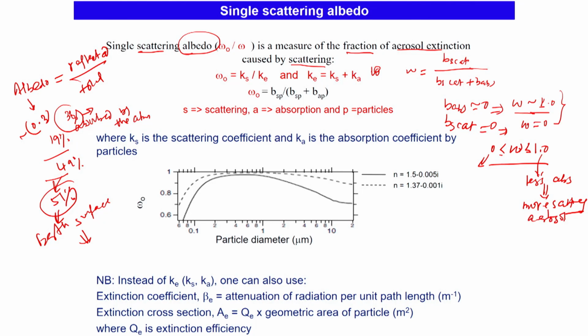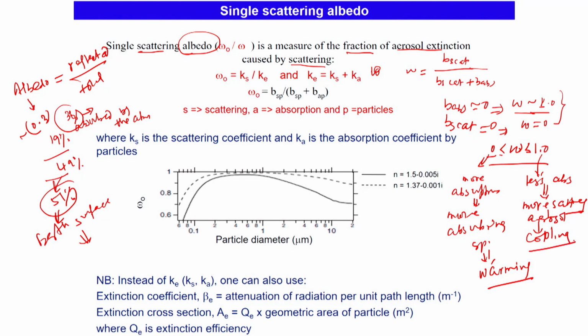So at that time the atmosphere is dominated by scattering type of aerosols, and if you have lower values, then you have more absorption, which means more absorbing species. When they are there, they will be absorbing and then re-radiating in the atmosphere, so you have warming of the atmosphere, and in the other case you will have cooling.